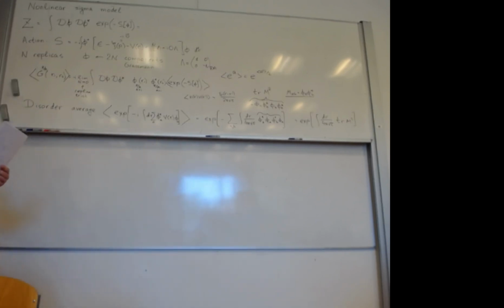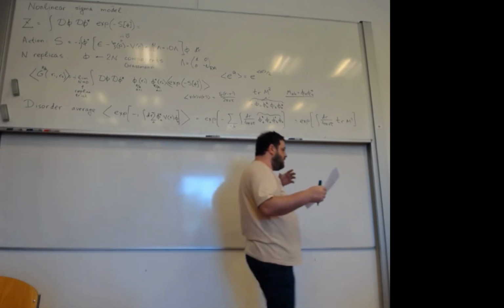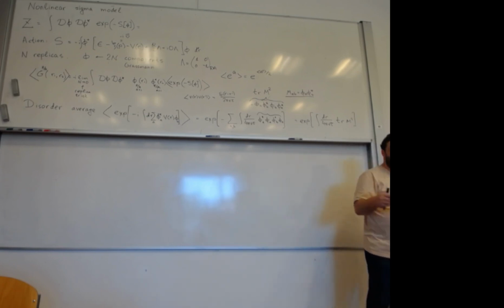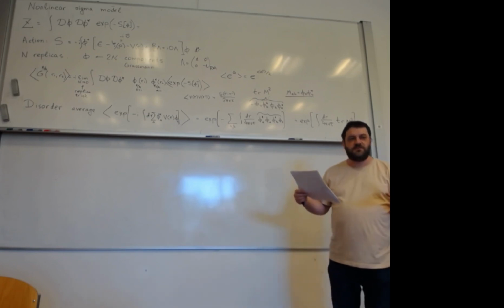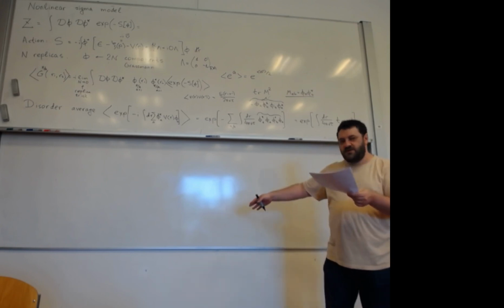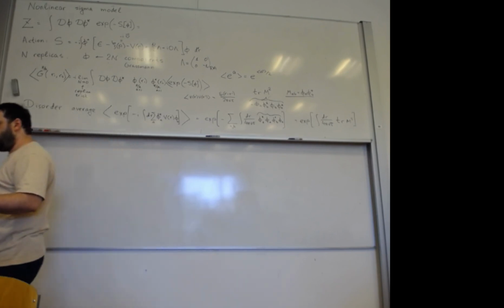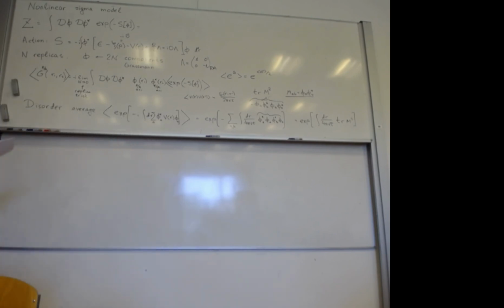We have interaction. This interaction is not real, it's not like a Coulomb interaction. This interaction is some form to represent the averaging of a disorder. So in any particular system, nothing interacts, but when you have many systems with different disorder orientations, you average, you get some kind of interaction.